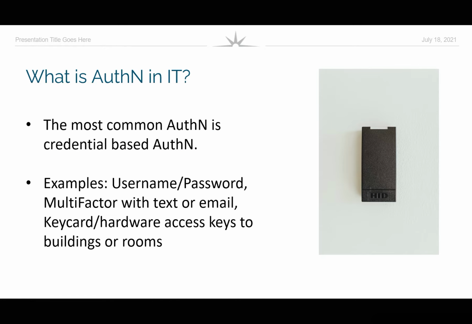So the most common way people authenticate in IT environments is typically just credential-based authentication. You're authenticating a username and a password. On top of that, sometimes you put MFA, which is multi-factor authentication, which allows you to add a third factor or fourth factor or how many ever you want on top of username and password.